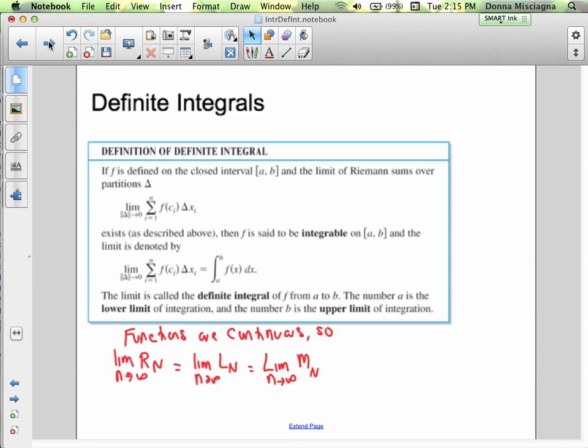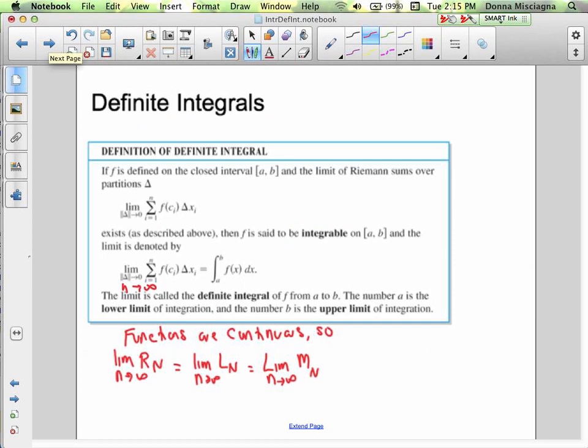So if the change in x goes to 0, right, if the width of the rectangle goes to 0, we can fit an infinite number of rectangles in there. It's said to be integrable on a, b, and the limit is denoted as, so the limit as the change in x goes to 0, which is the same as n going to infinity, is the definite integral from a to b.